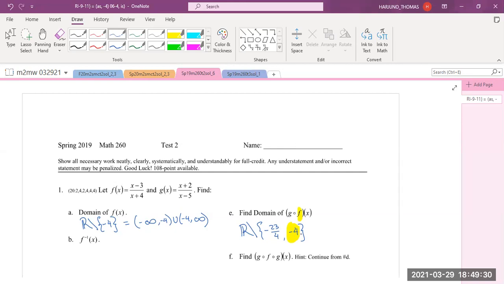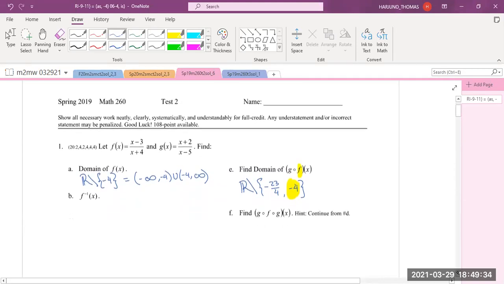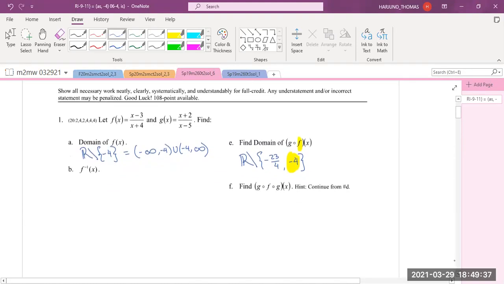Now, last question. I think after this, I will take off. Okay, what is g compose f compose g of x? But this is actually the same as g of f of g of x.